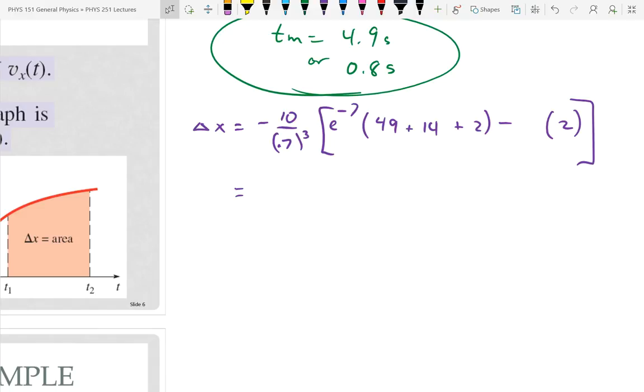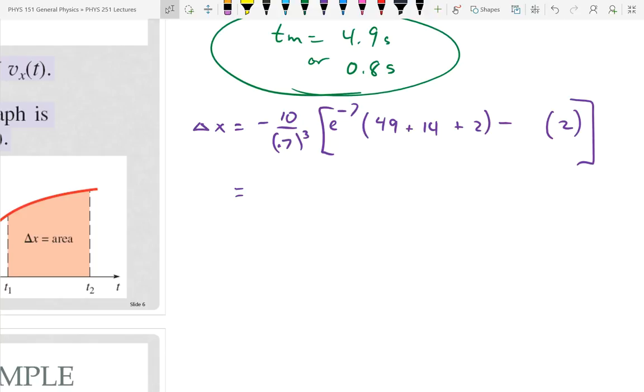Is it supposed to be a small number? No. Okay, I did something wrong. It could be that I did it wrong. Of course, 10 over 0.7 cubed is going to be a reasonably big number, right? It's supposed to be negative. I didn't get a negative. What did you get, Jakes? I got a negative, but that doesn't make sense. Did you get a small number? No, I got negative 85.7.